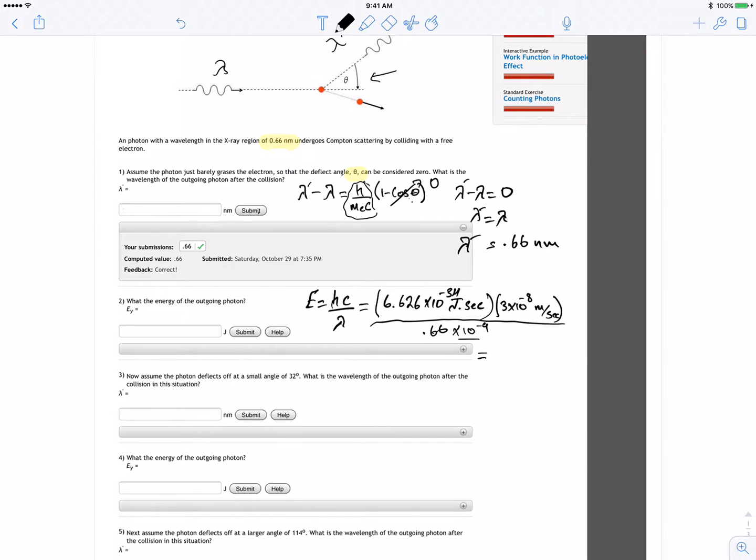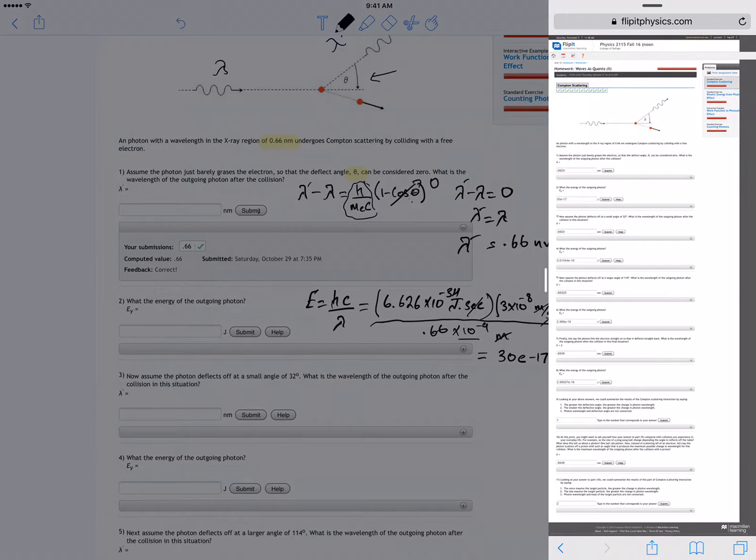Let's see if the units cancel: the meters cancel with the meters and the seconds cancel, so yes, it's in joules. What I got for this was 3.0 e to the negative 16 joules. Just make sure. Yes.